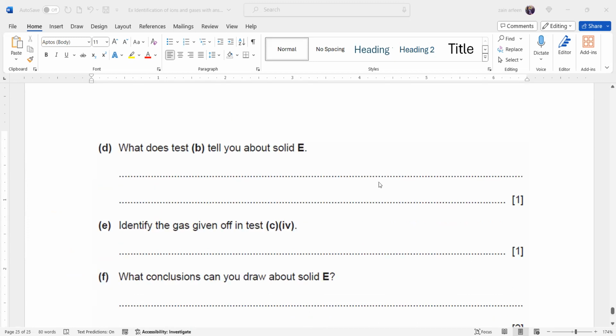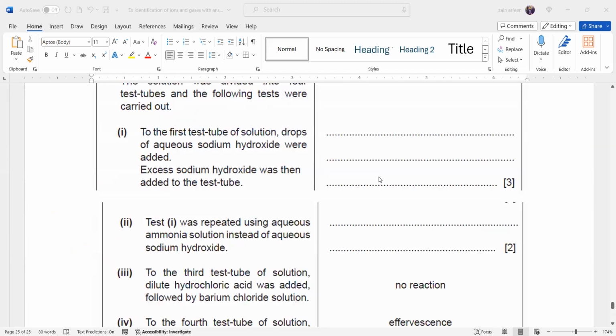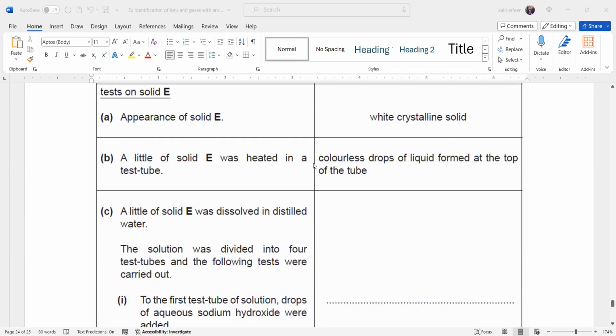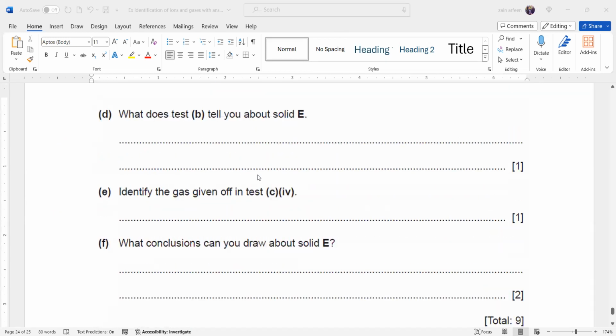What does test B tell you about solid E? It indicates it is a hydrated salt, and you will mention that it is a hydrated salt.